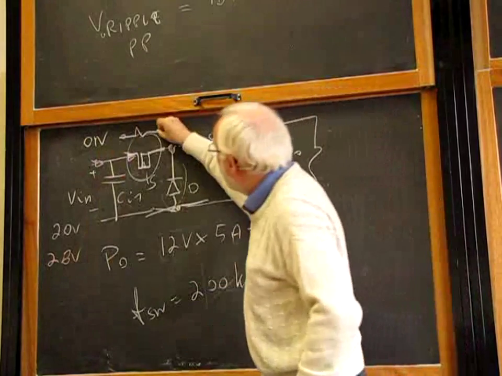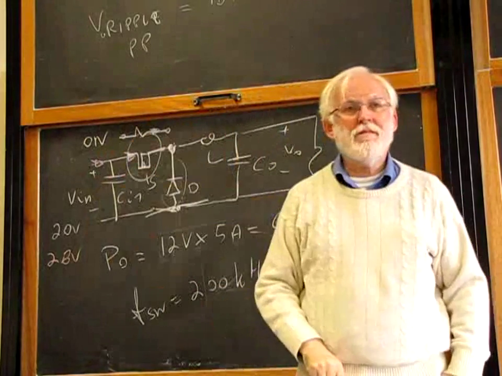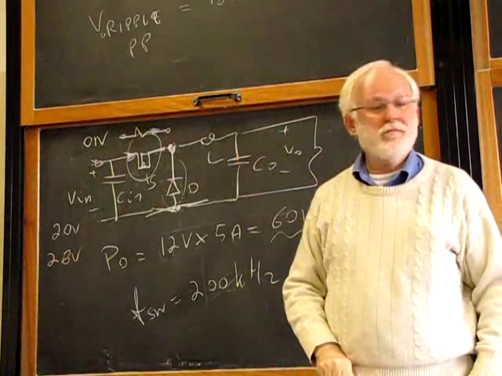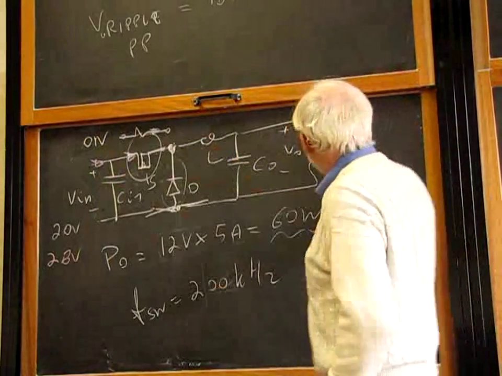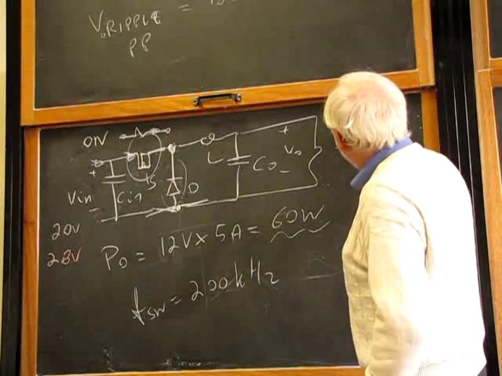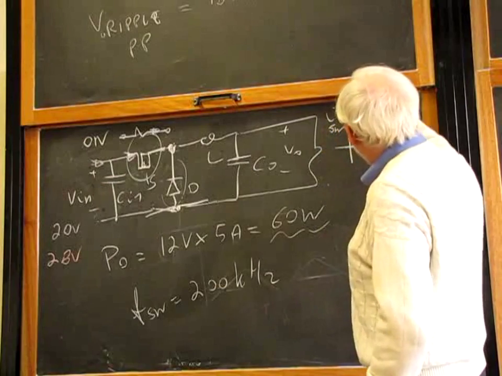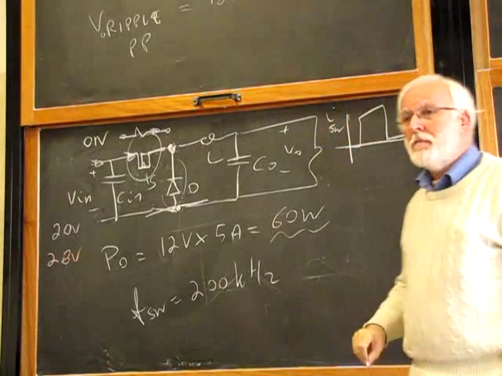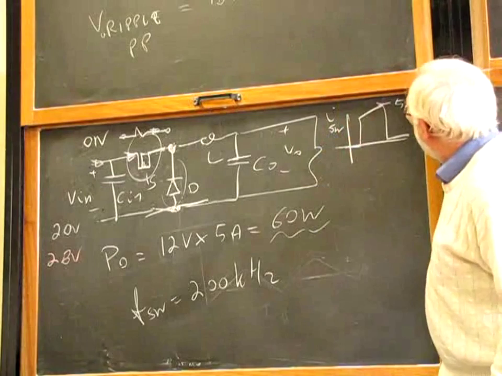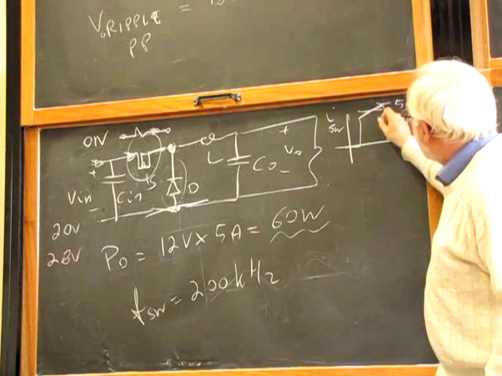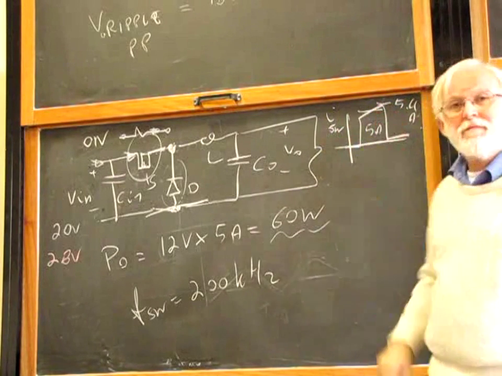How much current flows through this resistance? The current flowing through this resistance is a standard switch current, the I switch, that is something like this. Peak value is 5.4 amps. Flat top value is 5 amps.